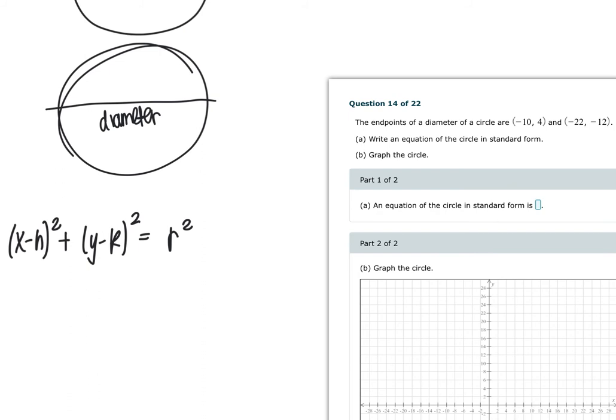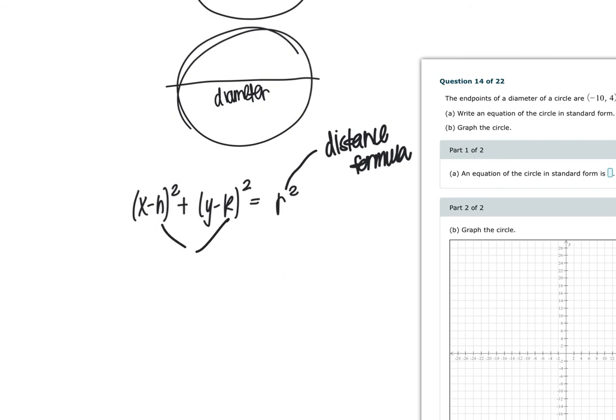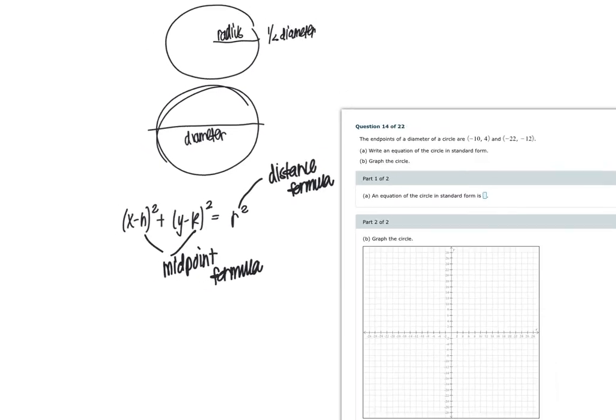I just use the information and divide it by 2 to get the radius, and then I'm going to have to square it. So to get the radius squared, I will have to use distance formula and do some things to it. To get the center h and k right here, I'm going to have to use the midpoint formula. And we use the midpoint formula right there because the center is the middle between those 2 points.